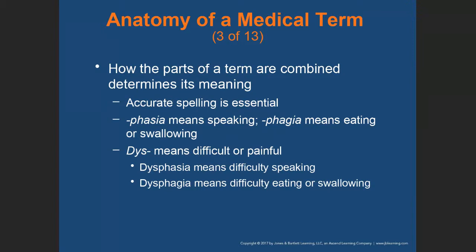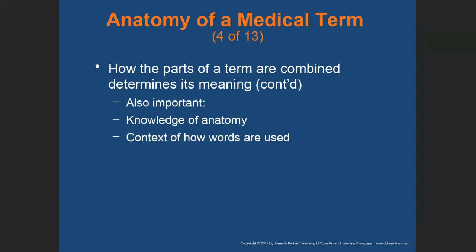And if we add a prefix, dys, which means difficulty or painful, it changes the meaning. So dysphasia with SIA means difficulty speaking. Dysphagia with GIA means difficulty eating or swallowing.